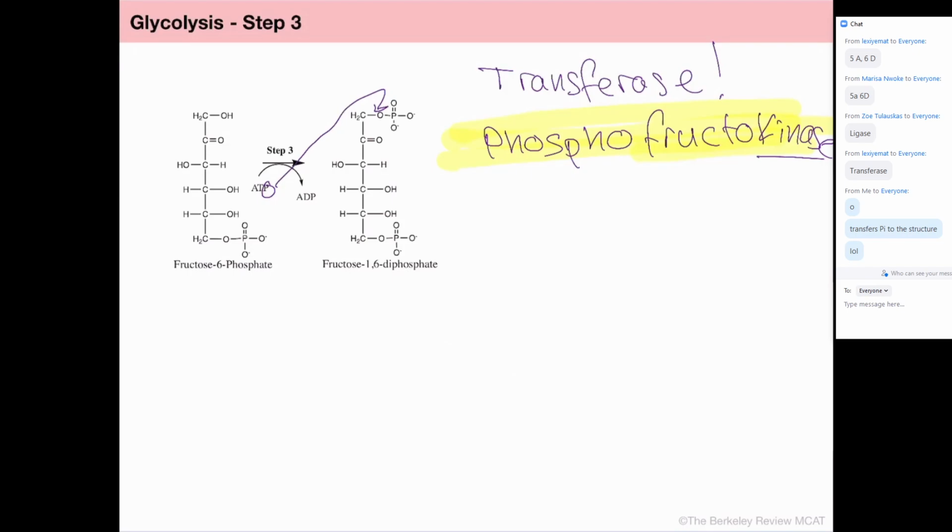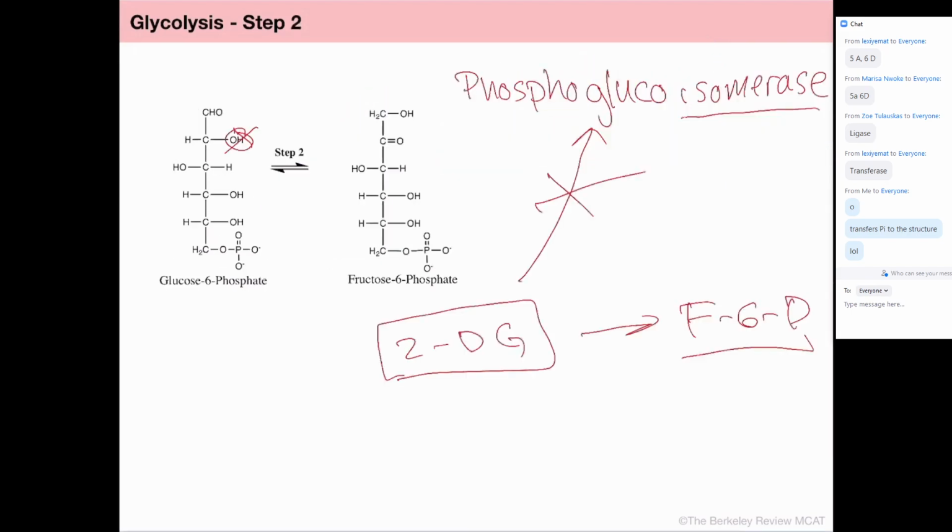So this is step three. Step one was the step that committed the cell to taking up glucose. It puts the phosphate on, and it's locked in the cell. This step three is what commits the cell to actually metabolizing the glucose, rather than converting it to a different sugar or storing it. Going back, glucose 6-phosphate can be stored as glycogen.